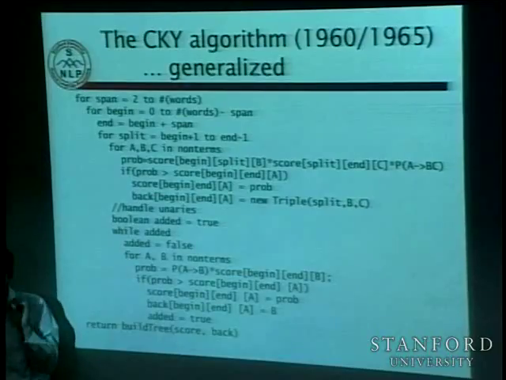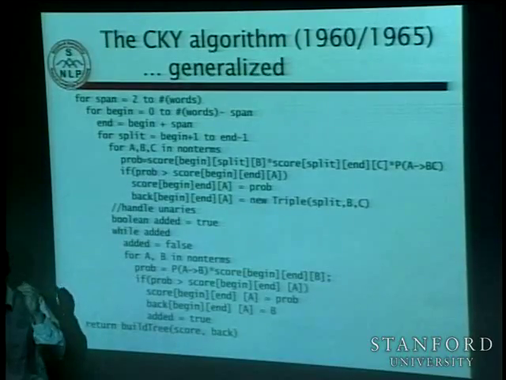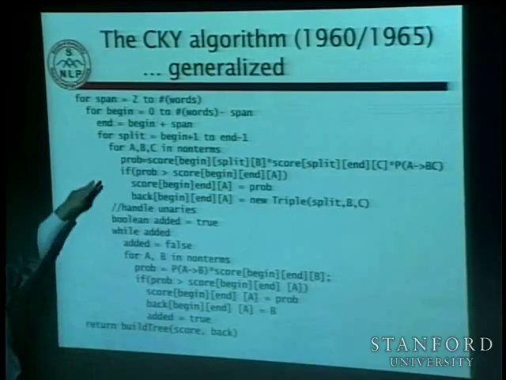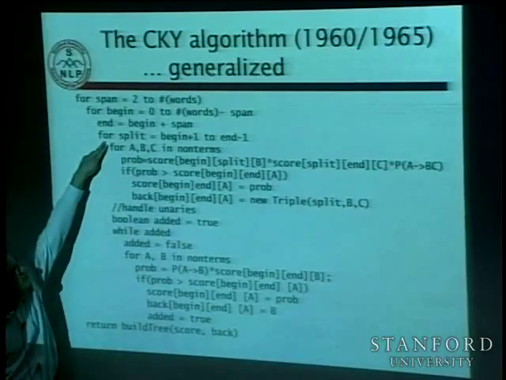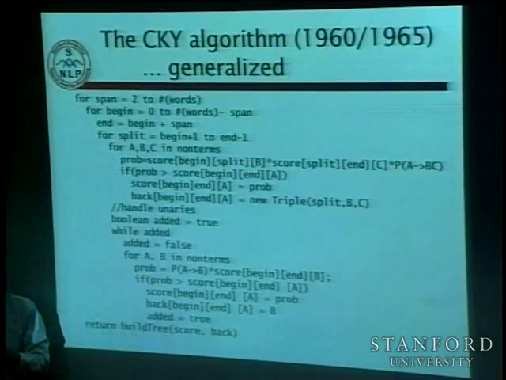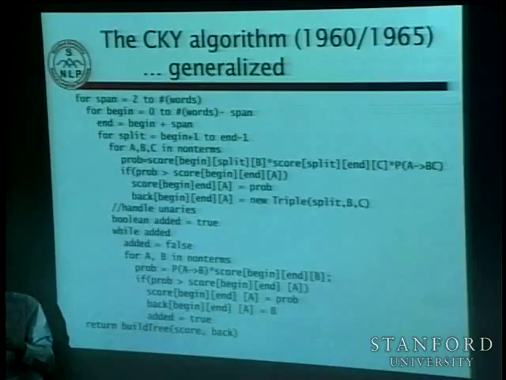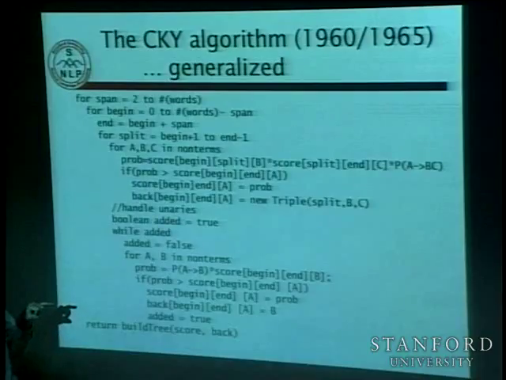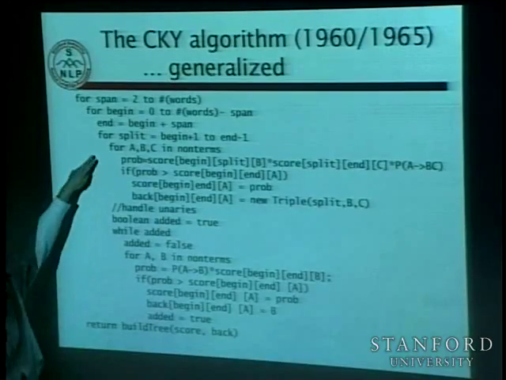So I have to consider the different ways in which I can make this subsequence out of 2 subsequences that together comprise that subsequence. And so I iterate a third time over choosing a split point. If I want to do 4 versus 5 to 7, then 5 is my split point in this algorithm.